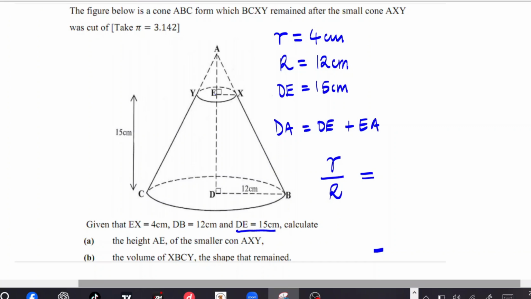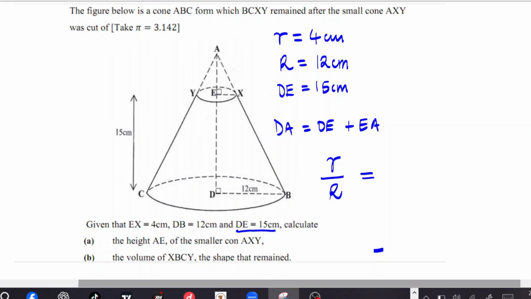So we have the bigger cone, A, B, C, and its height, and also the smaller cone A, X, C, Y. The height of the bigger cone is AD, and the height of the smaller cone is AE.